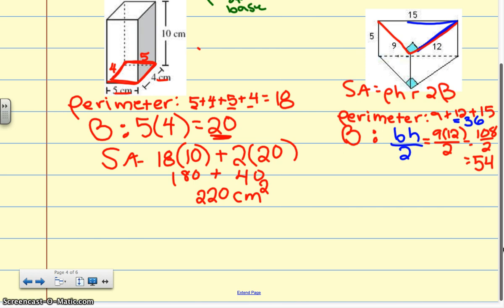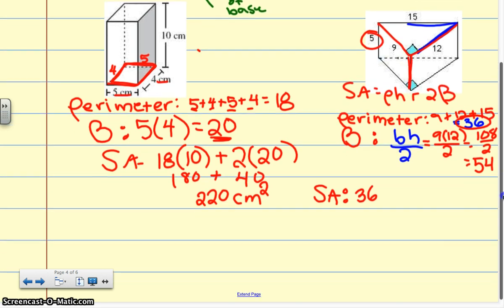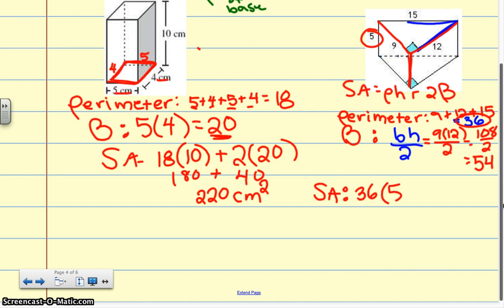Now I'm going to pull it all together. My total surface area is my perimeter, which is 36, times the height of my prism. The height connects the two bases, so that would be 5, plus 2 times the area of a base. The area of one of my bases is 54.